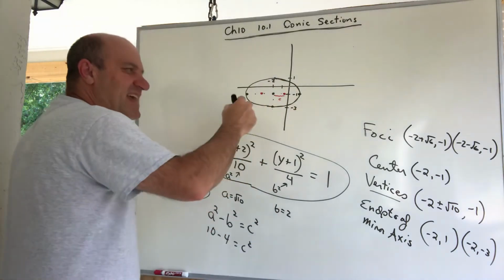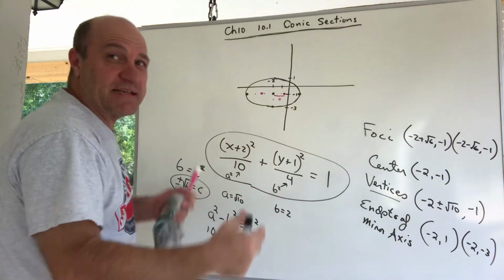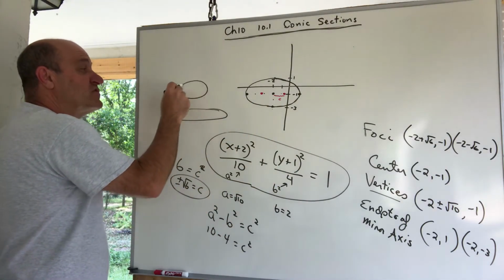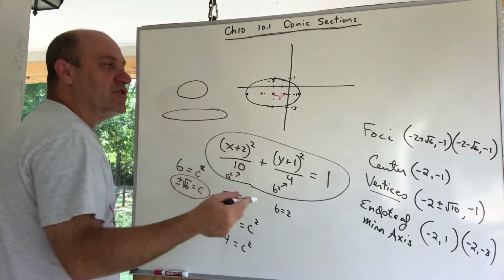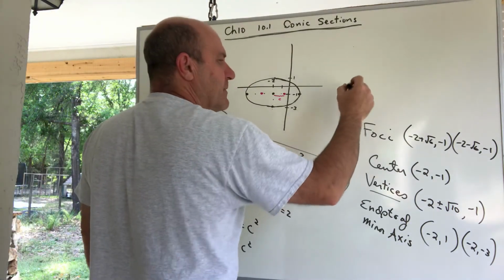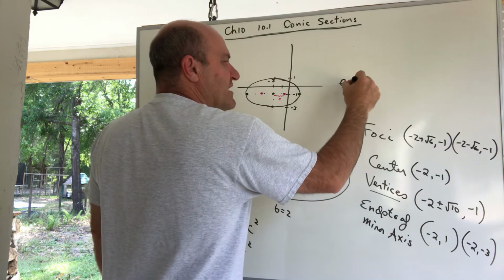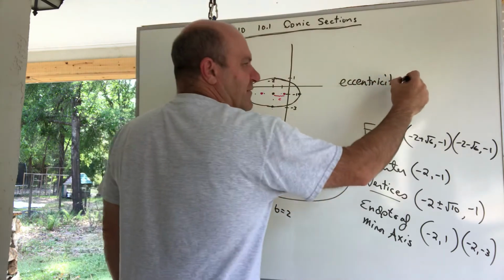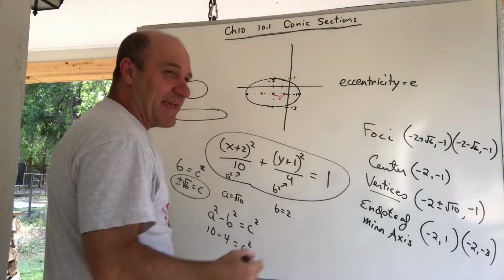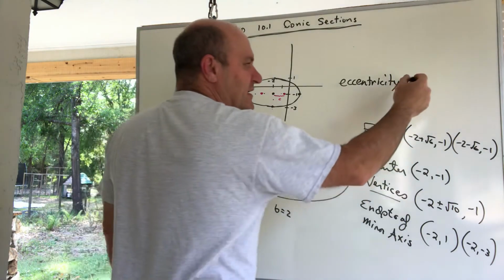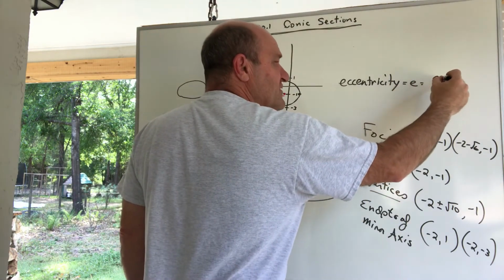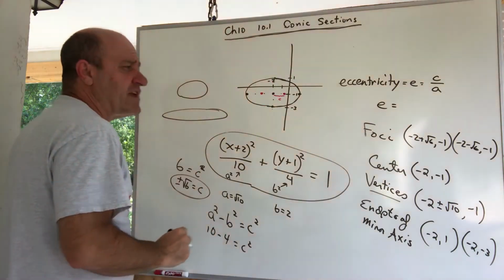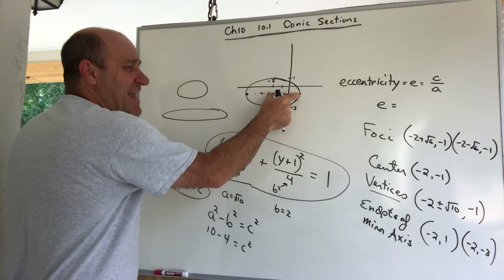There's one other thing. To measure how elliptical the ellipse is, I mean, they can be long, skinny ellipses, or they can be almost circular ellipses. There's a number called the eccentricity of the ellipse. The eccentricity is often referred to with this letter e, but it's not the number e, just this letter e. And it's the ratio of c over a. So the eccentricity of this ellipse is the ratio of c over a.